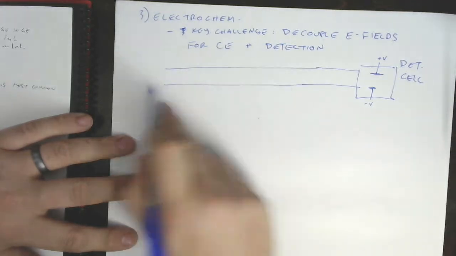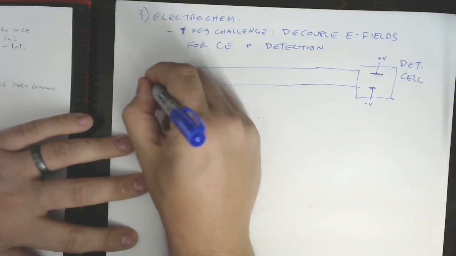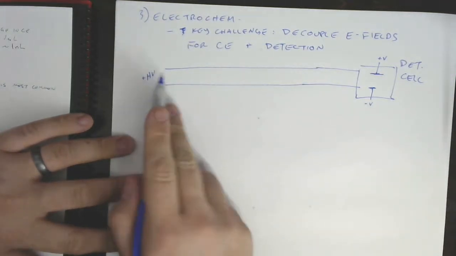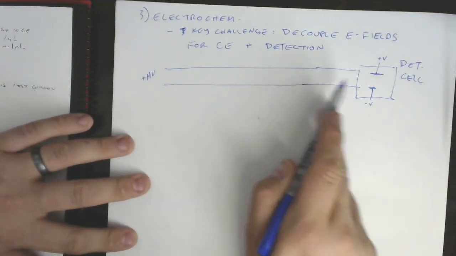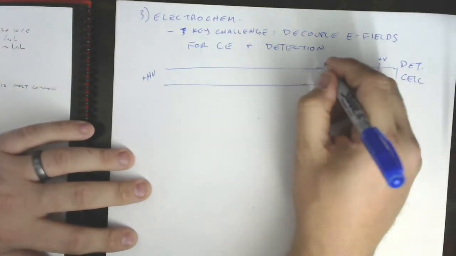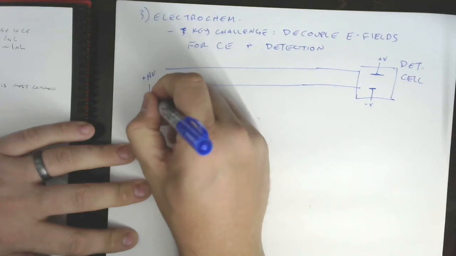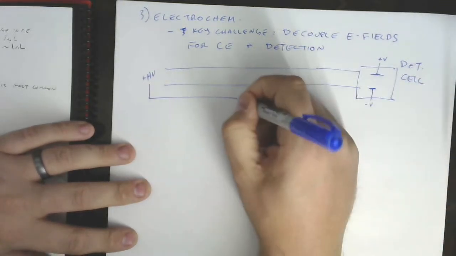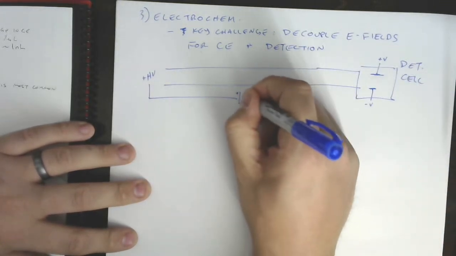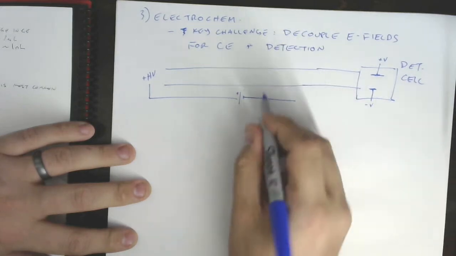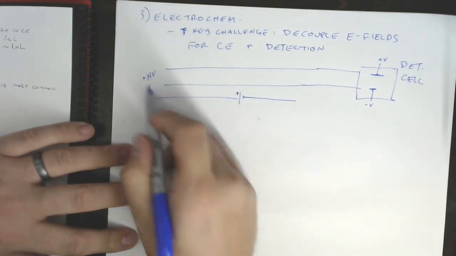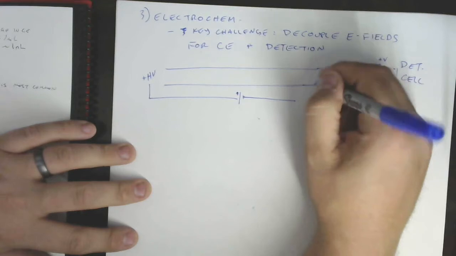And because we're applying potential to make that happen, there's an electric field here. Of course, our separation needs an electric field, so we're going to apply plus high voltage here. And we need some way for this electric field to end before we get in there. And so the way this is done, so here's our high voltage application. So here's a battery schematic. So here's our plus high voltage going this way. Here's our minus high voltage or the other end of our field.